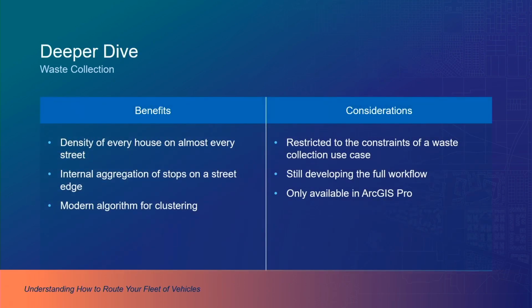So the waste collection solver is definitely the solver for you if you have the density that is every house on almost every street. This solver does some internal aggregation to allow for the density of the problem to be solvable within a reasonable amount of time. But being our newest solver, we are still actively working on it, trying to implement some editing workflows, as well as expanding it across that platform.